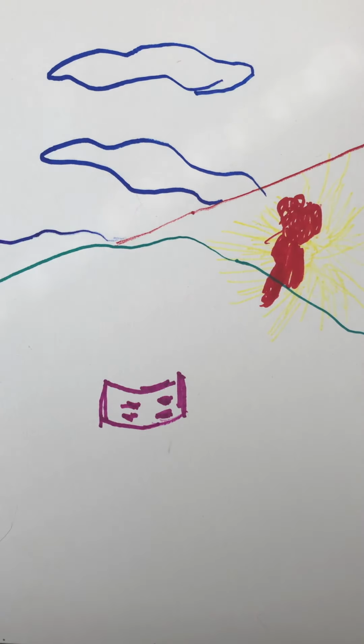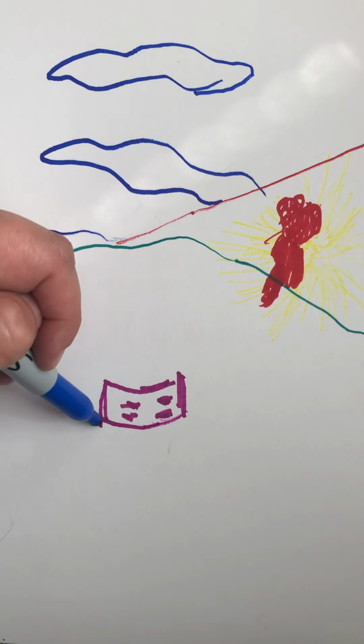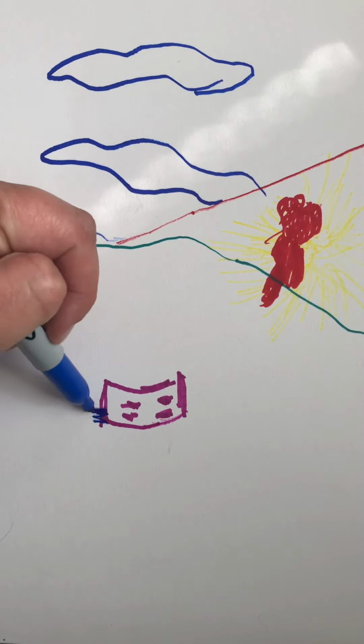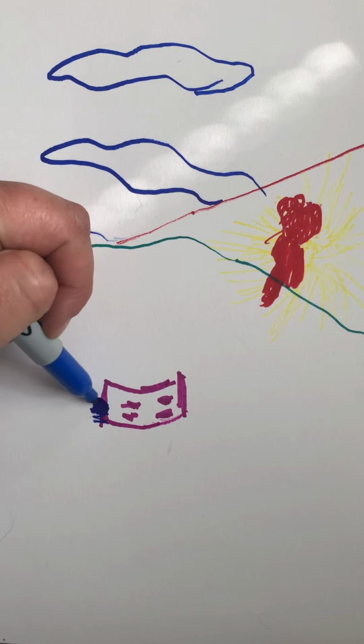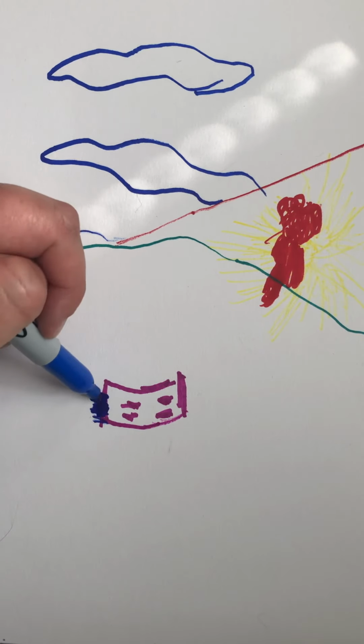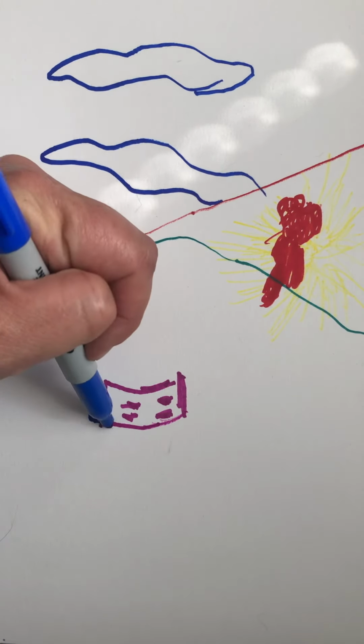So now that you made your low round building, you can add a shadow to it. And the way to do that is to add a darker color or a darker shade.